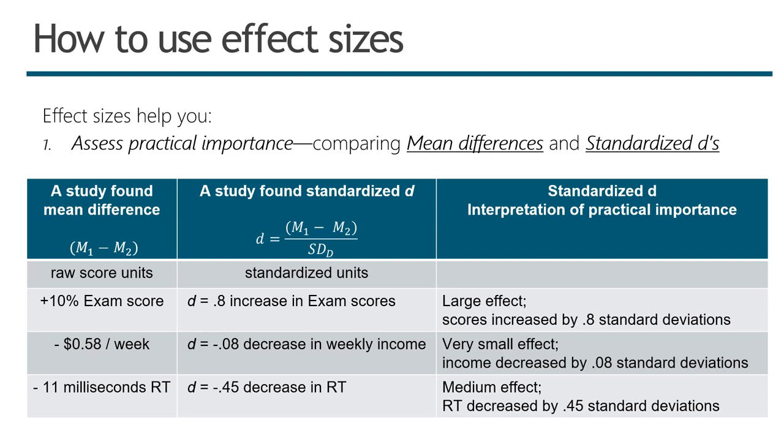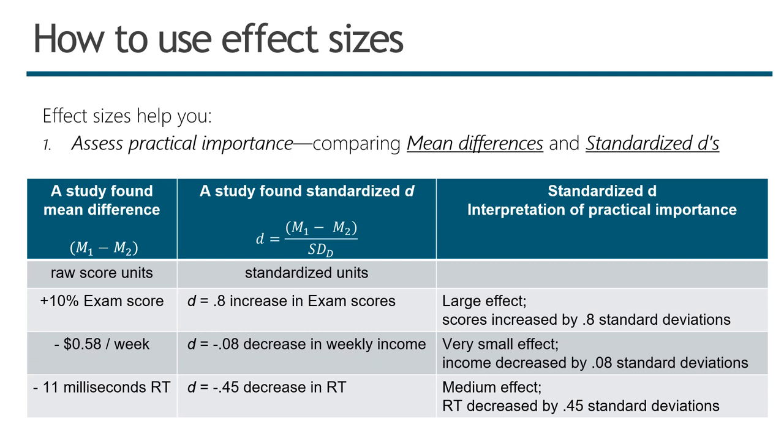The standardized D is different. It provides a measure of effect size in standardized units, or standard deviation units. A D of 0.8 means an increase of exam score of 0.8 standard deviations, and this would be deemed a large effect.